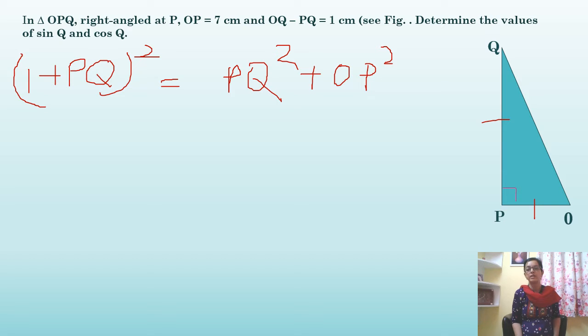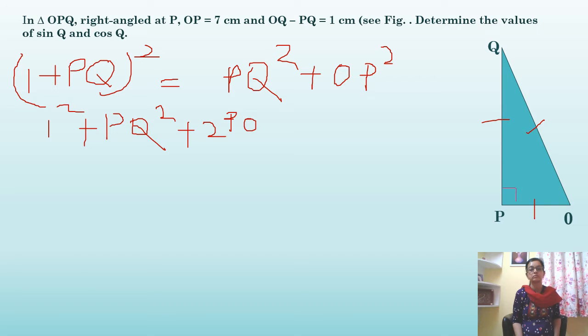We have just replaced OQ squared with 1 plus PQ whole squared. Now on expanding this, we get 1 squared plus PQ squared plus 2PQ. And in RHS, we are already having this PQ squared plus OP squared. So write them as they are.